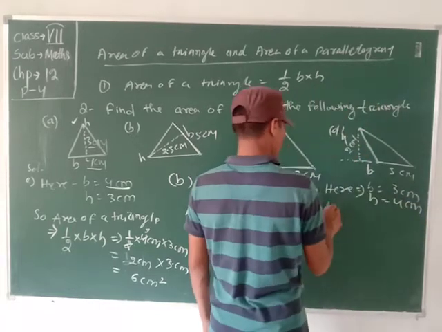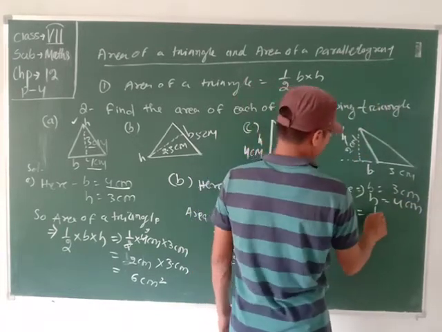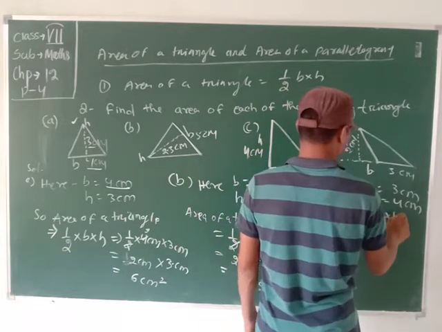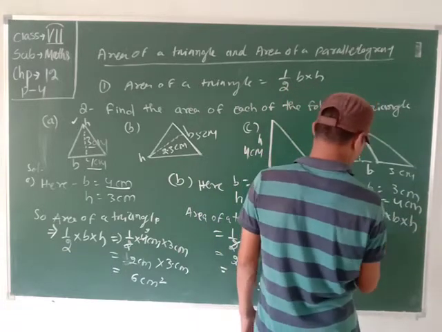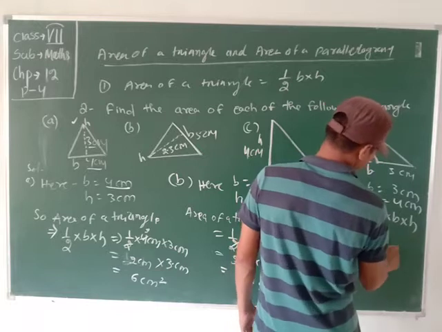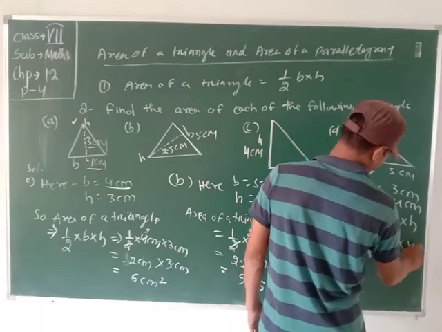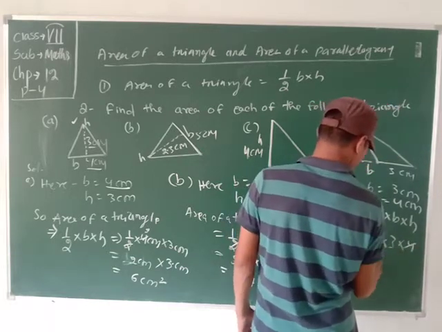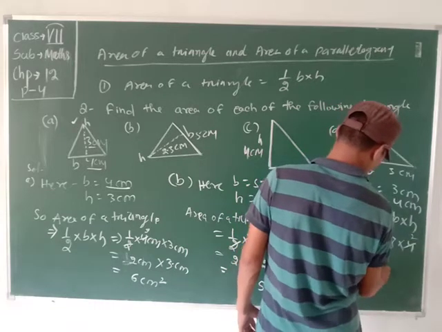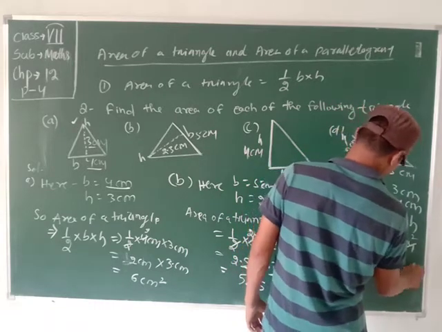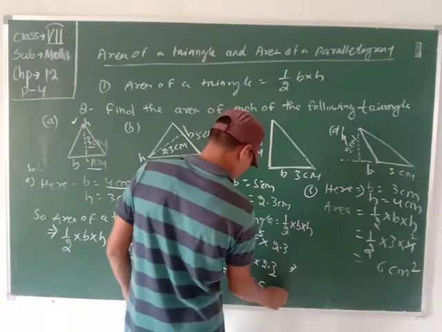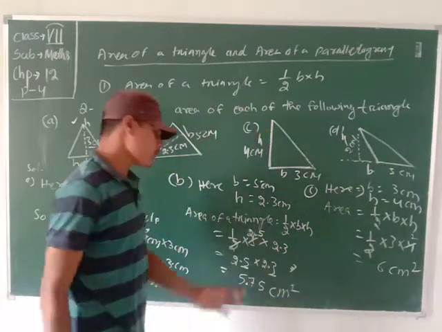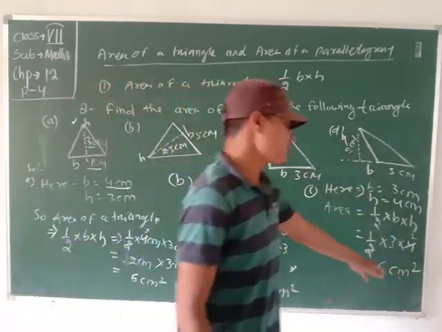Then area equal to 1 by 2 into base into height, which is 1 by 2 into 3 into 4, 2 fours are 8... 2 threes are 6 centimeter square. The area is 6 centimeter square.